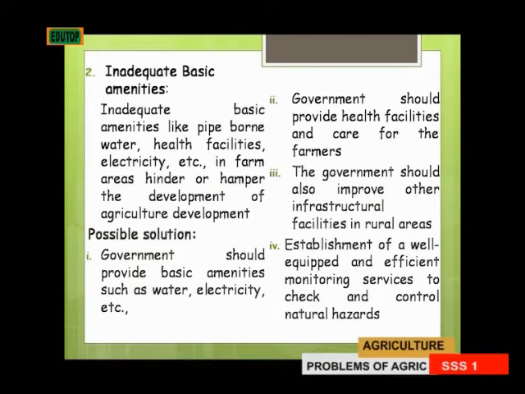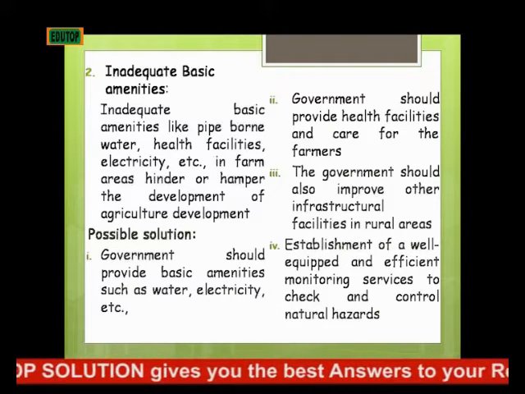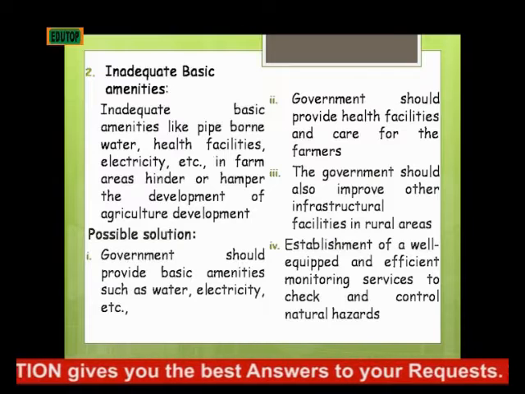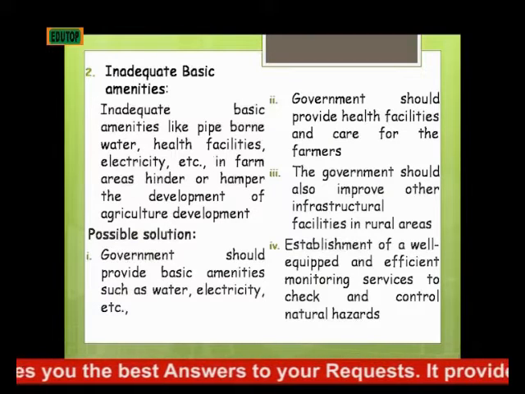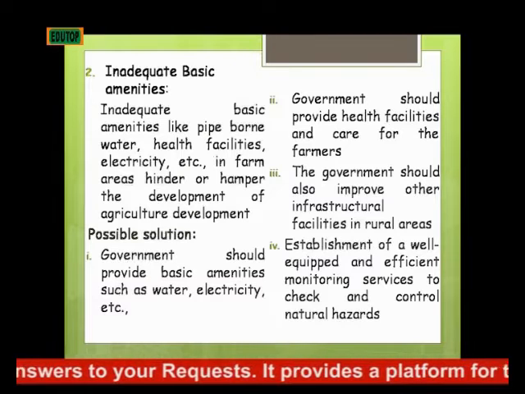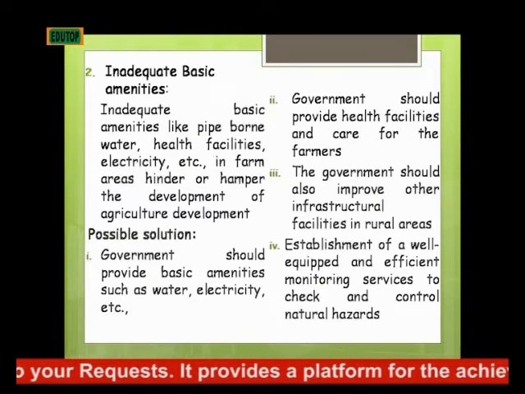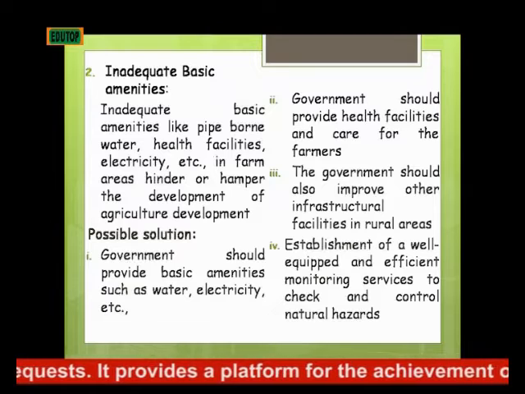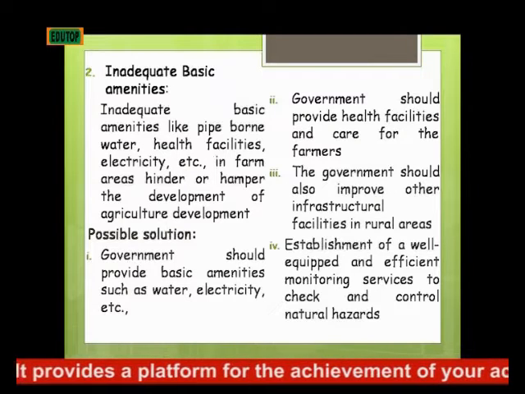That is the health facility, the water facilities, and the electricity facilities. That is, the poles, the wires, the cables should be improved. And then the 4th one is establishment of a well-equipped and efficient monitoring service to check and control natural hazards.